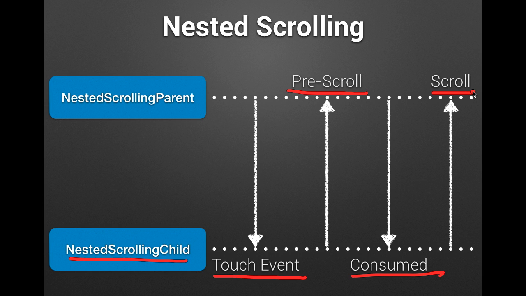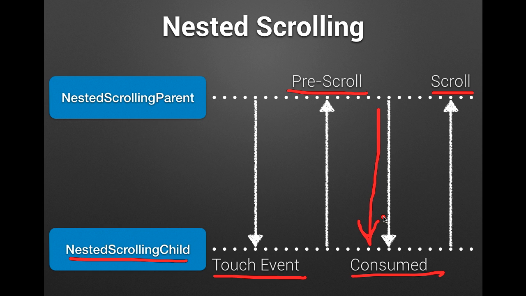Okay? Yes, Mark. Did you say that consumed tells the child that it's scrolled, or that it's done its part? So in this particular case, this event is essentially the parent saying, this is how much of that scroll gesture I've used up, I've consumed. Could be some, all, or none.